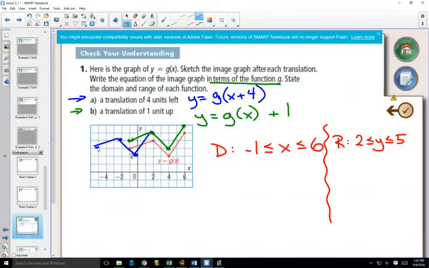Now, if we go to our blue graph, looking at our graph, our smallest value now is -5, and our largest value is 2. The range of our blue graph didn't change.